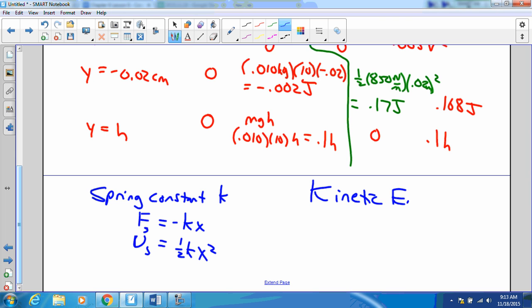Separately from that, entirely separately, we have also the kinetic energy of the object, capital K equals 1/2 mv squared.